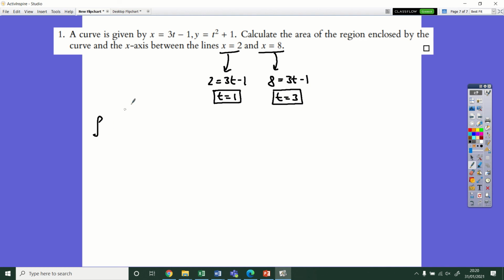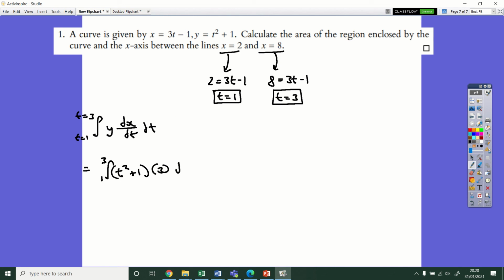Now we're going to write down the formula and we're going to see what we can put into it. So we're going to integrate between t is 1 to t is 3 of, let's firstly write y dx by dt. That's going to be the integral 1 to 3 of, okay, y is t squared plus 1. dx by dt is just 3.